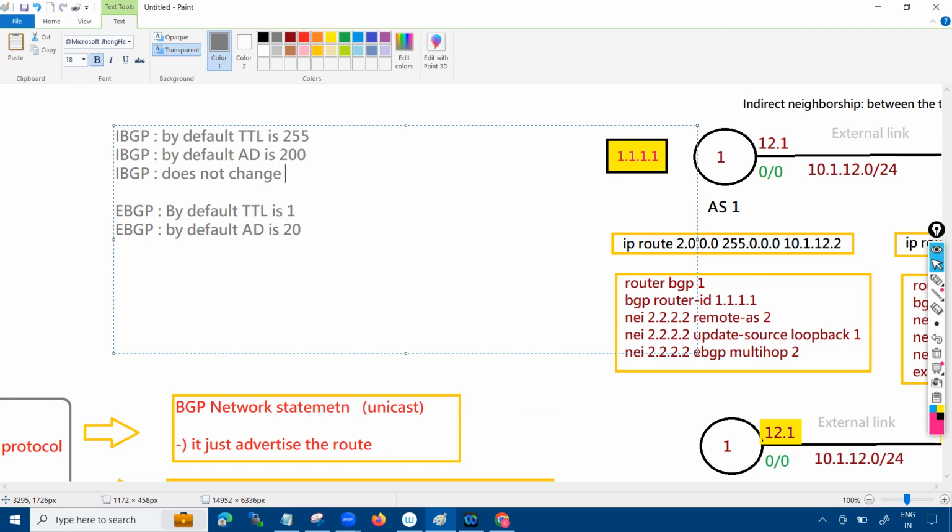I'll explain this later, don't worry about that. eBGP does change the next hop.